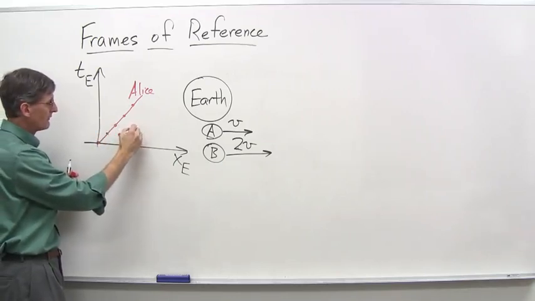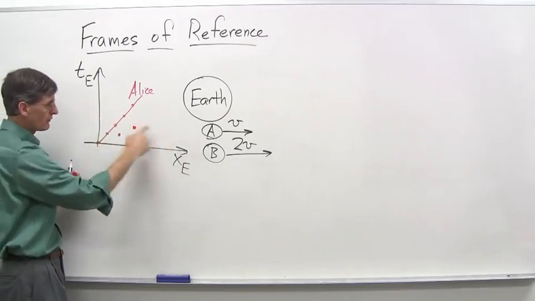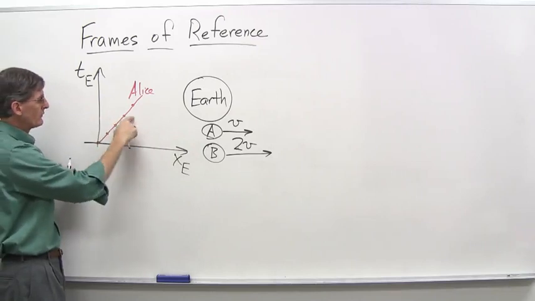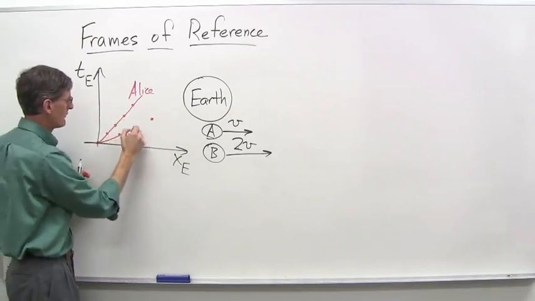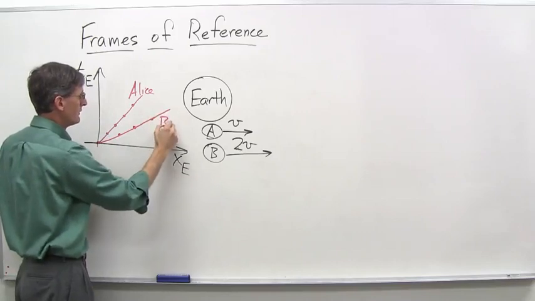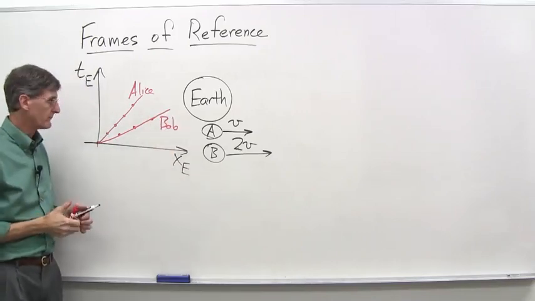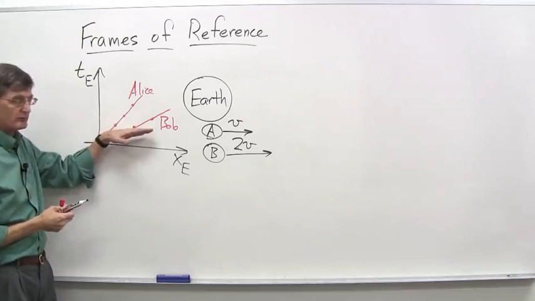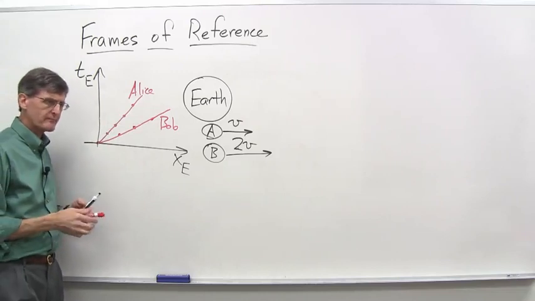So he's about right there. And at this time, when Alice has gone this far, again, he's gone twice as far. He's going twice the velocity, so it would be maybe about right there, and so on and so forth. So this would represent Bob, his plot in the space-time diagram. And lower slope means faster velocity. So that would be the Earth perspective.